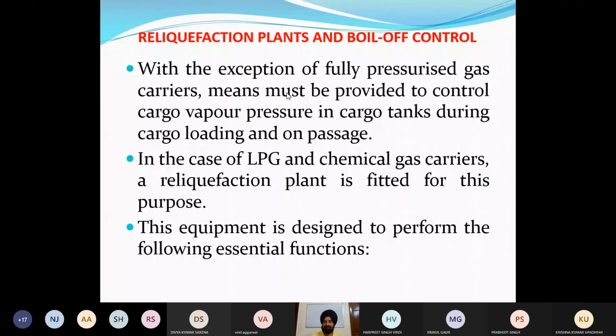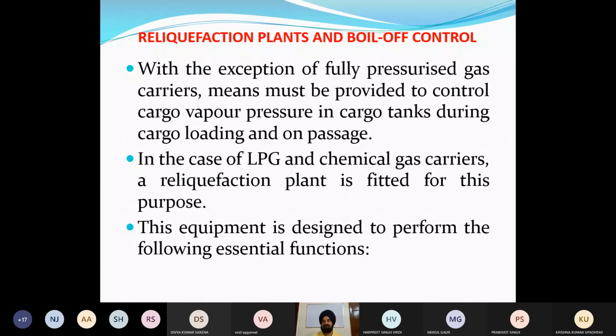Whereas the ships which are carrying cargoes at very low temperature, their tanks are capable of withstanding low temperatures but not very high pressure because the thickness of the tank is small. Now if in these tanks which are carrying refrigerated, cryogenic cargoes, the pressure goes up, what will happen? There is a danger of damage to the tank, isn't it?